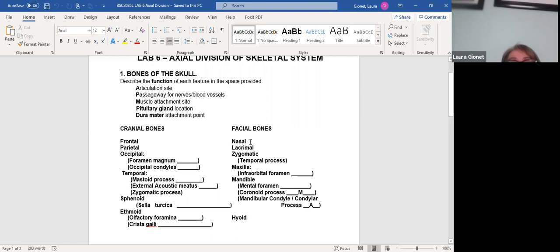All right, so facial bones, we have a nasal bone, which means we found it on the nose. It forms the bridge of your nose. So for people wearing glasses, your glasses are generally sitting right on your nasal bones. Lacrimal bones, of which we have 2, one in each orbit of the eye, close to the nose. So they're within the orbit of the eye, right?